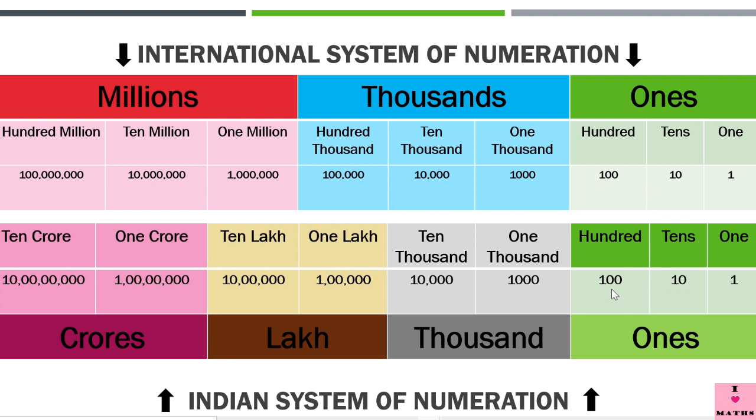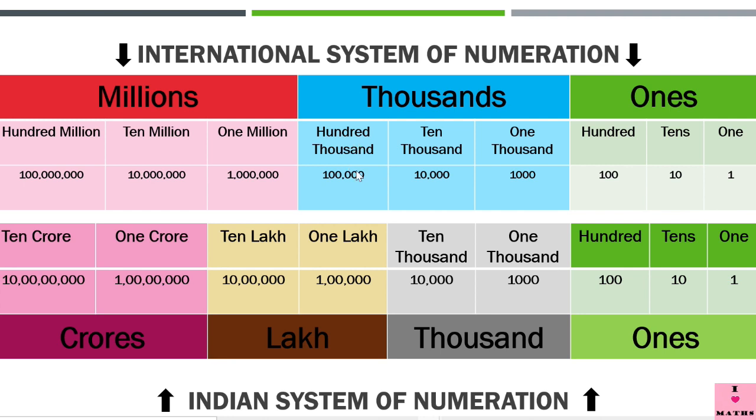In thousands period, in Indian system we have only 2 columns, whereas in international system we have 3 columns in thousands period. In Indian system we have 2 columns in lakh period, and mind you children, 1 lakh is equal to 100,000. Now don't get confused.